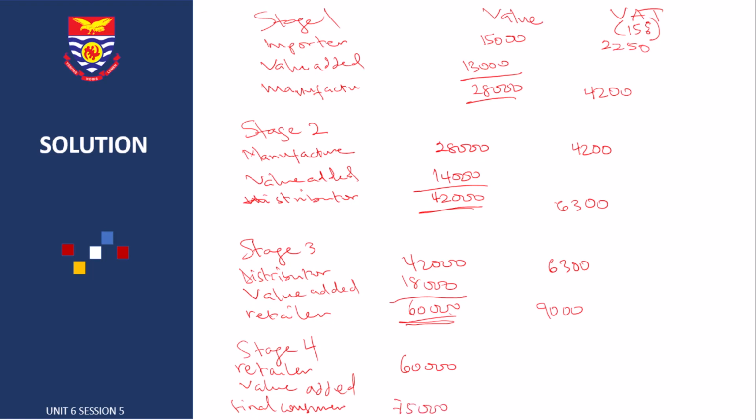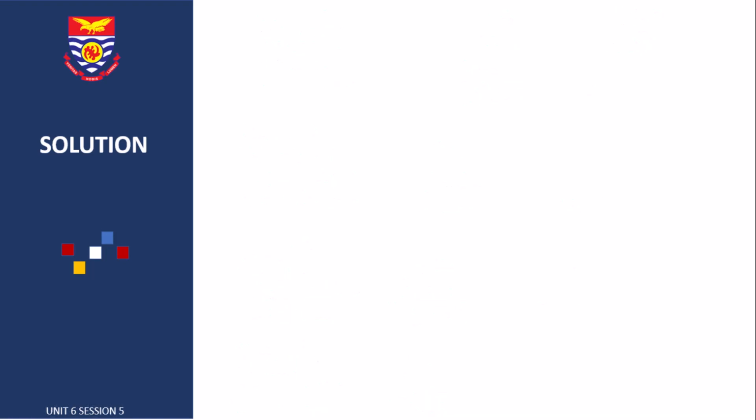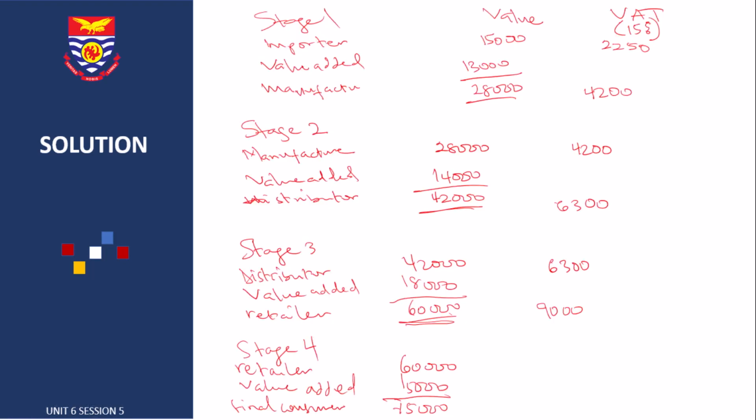So we added value of 15,000. The input tax here is 9,000 and the output tax here is 11,250.